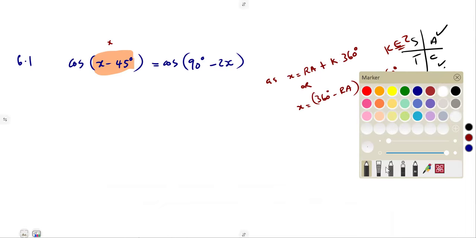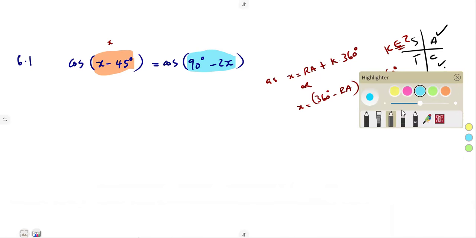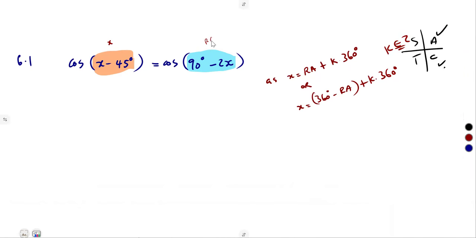Our reference angle will be the angle on the other side of your equation, which is 90 degrees minus 2x. So the first solution for our general solution is: x minus 45 equals the reference angle, 90 minus 2x, plus k times 360.